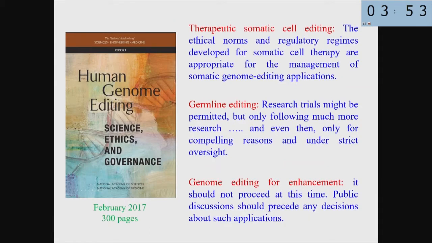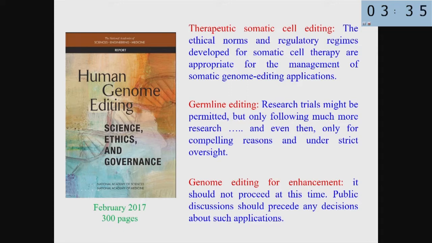According to the National Research Council in the US, the ethical norms and regulatory regimes developed for somatic cell therapy, this is for treatment of adults or infants, these rules are appropriate for the management of somatic genome editing implications.